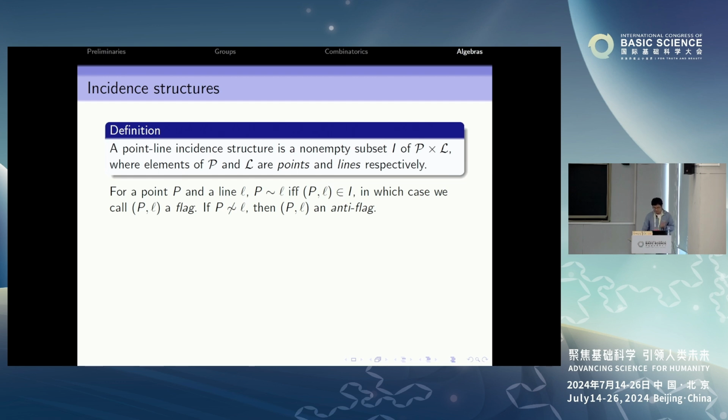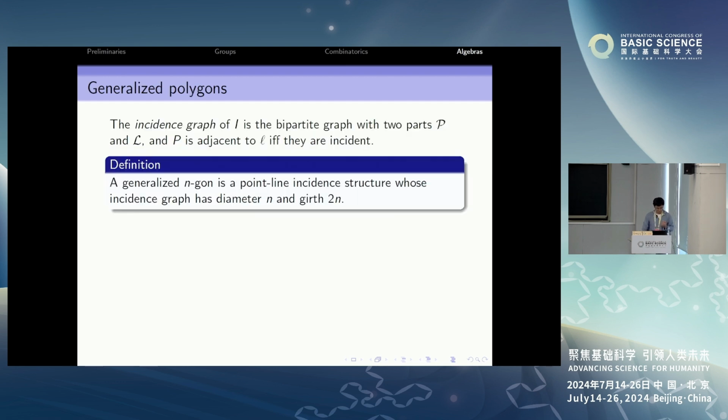We mentioned flag-transitive earlier. The incidence graph of this incidence structure I is the bipartite graph with two parts, P and L. A point is adjacent to a line if and only if they are incident.